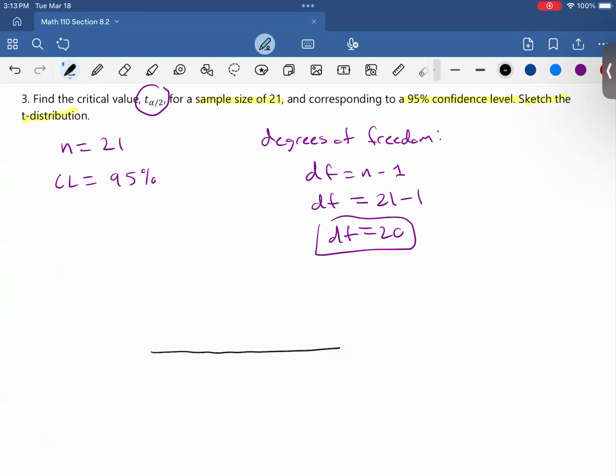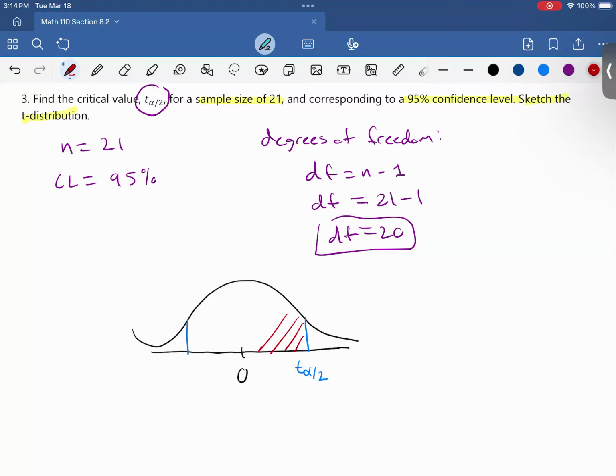So here's our distribution. 0 is always in the middle. That's our mean. And we are looking at a critical value. Recall critical values are always on the right-hand side. And in the middle here we have 95%.